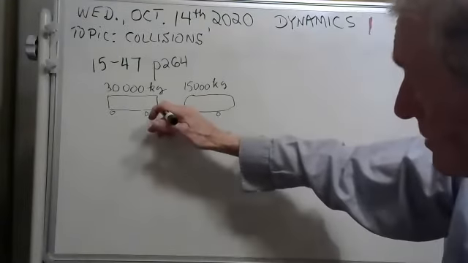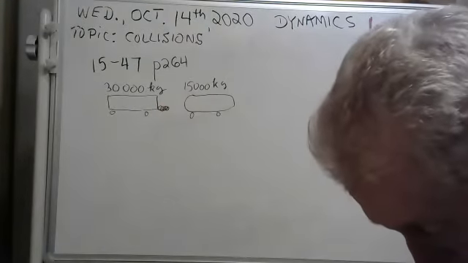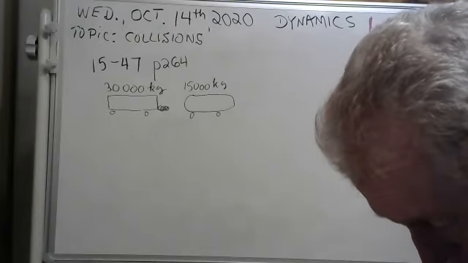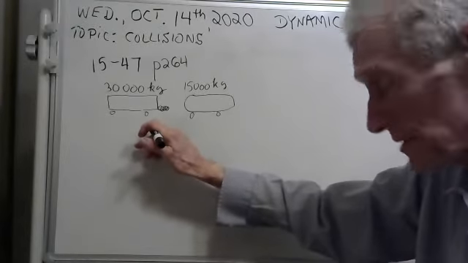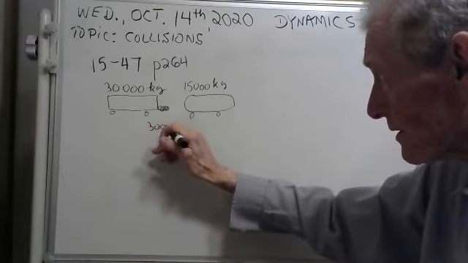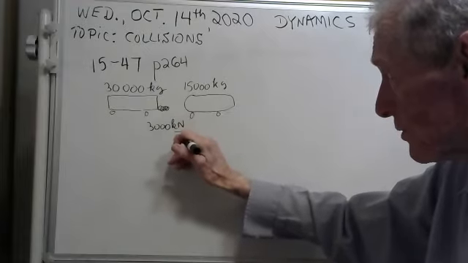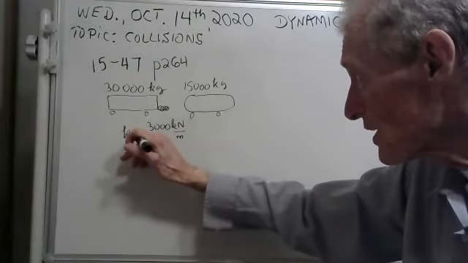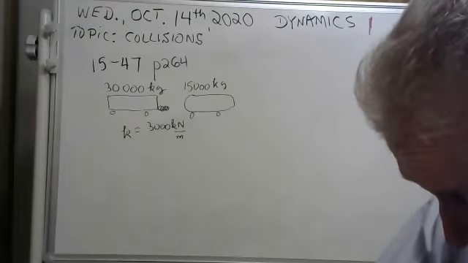Now this one here has a spring. That spring has 3 meganewtons per meter. Again, I don't like the mega, so we're going to go 3,000 kilonewtons per meter. That's your spring constant in Hooke's law.